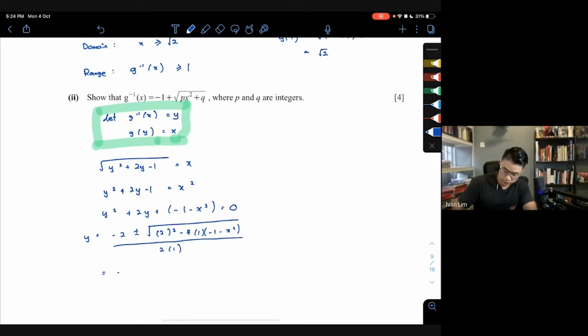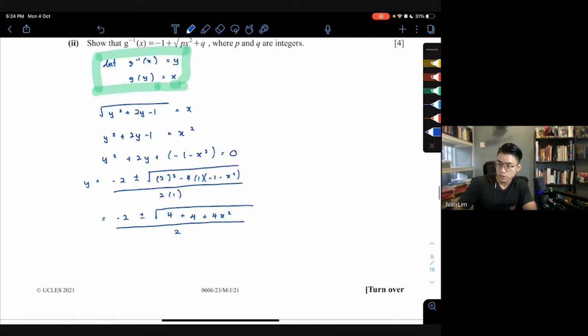Then -2 plus or minus the square root of 4 plus 4 plus 4x squared, over 2. You'll get here -1, since -2 divided by 2, and over here 8 plus 4x squared over 2.